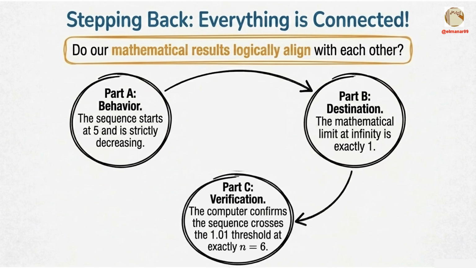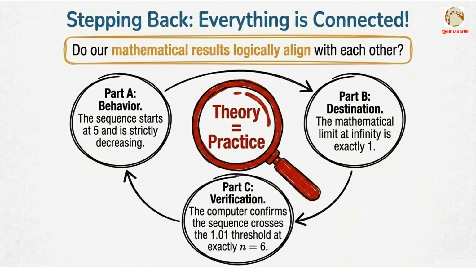The computer confirms it crosses the 1.01 threshold exactly at n equals 6. Theory equals practice. This is the heart of mathematics. Multiple perspectives, algebraic, analytical, and algorithmic, all converging on a single coherent truth. You aren't just doing calculations, you are observing a logical universe.